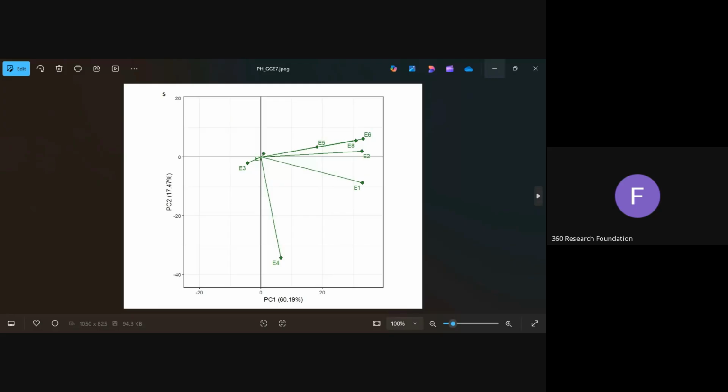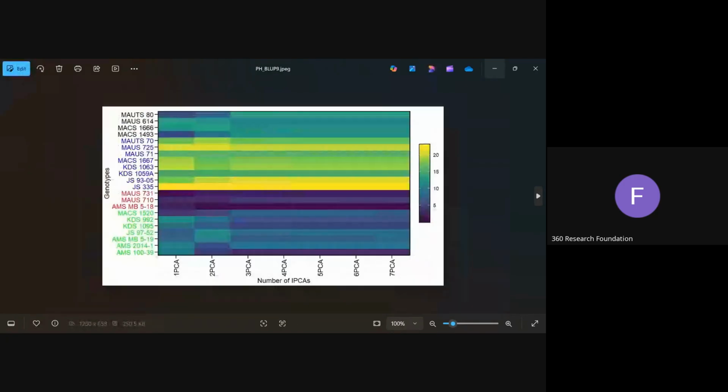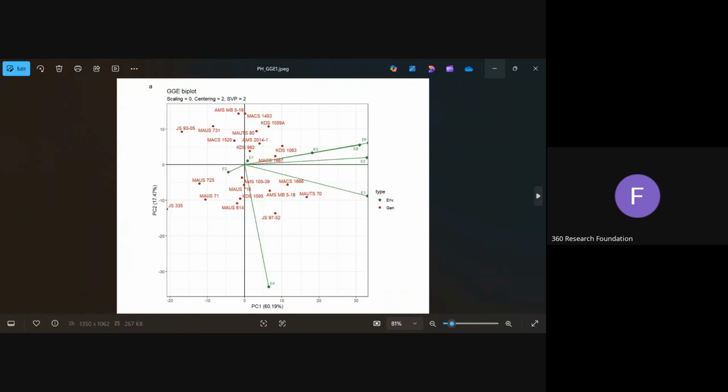It is suitable for the selection of genotypes that are adapted to that specific environment. So likewise, this is the environmental interpretation. So these are all 7 graphs of the GGE biplot.